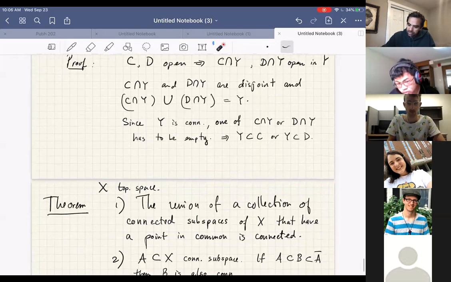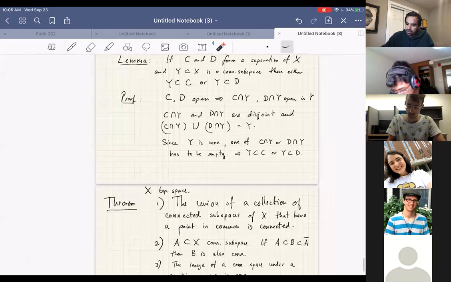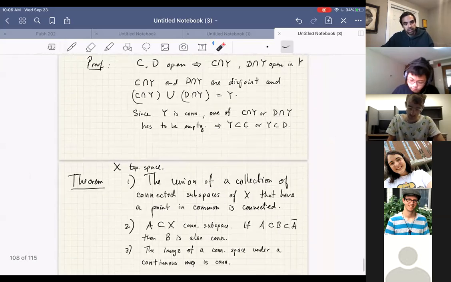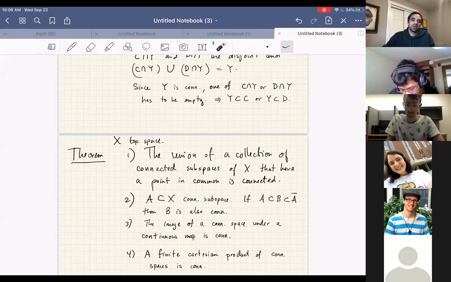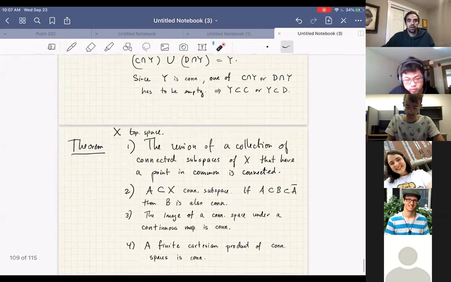Okay, so now let's use the statements that we've proved, these lemmas as promised, to describe how to obtain connected spaces out of older connected spaces, right?